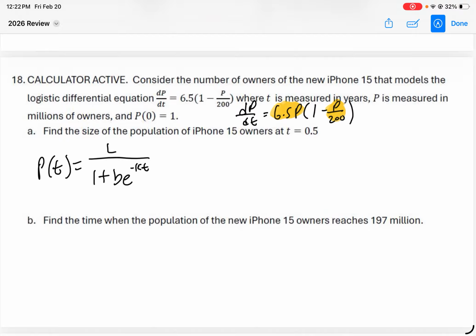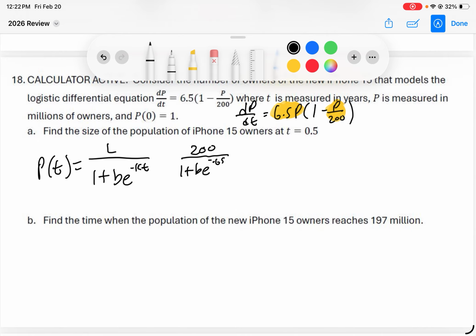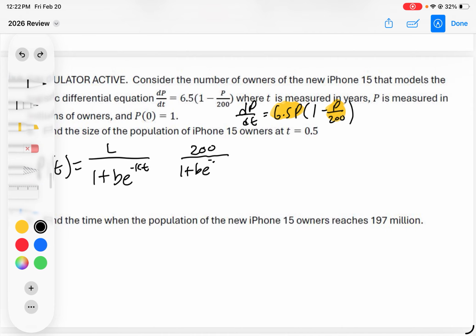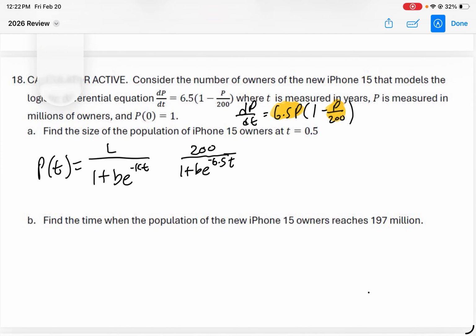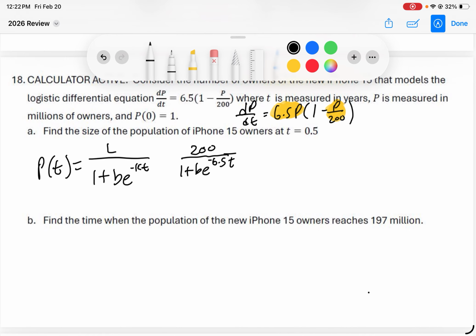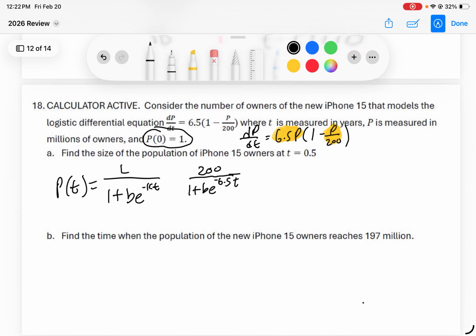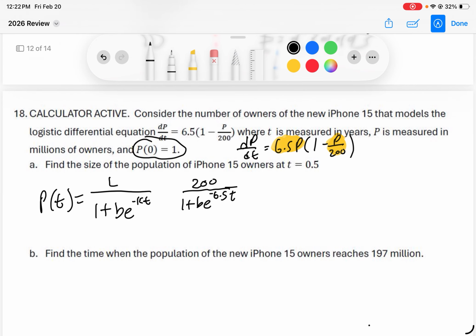In this case, k is 6.5 and L is 200, the carrying capacity. But I still need to find B, and in order to find B, it tells me at time 0, there are 1 million iPhone 15 owners. So that's in millions, so just be careful.